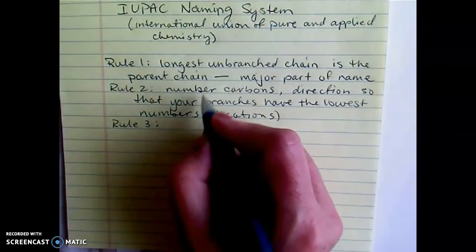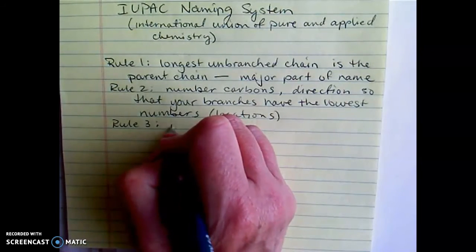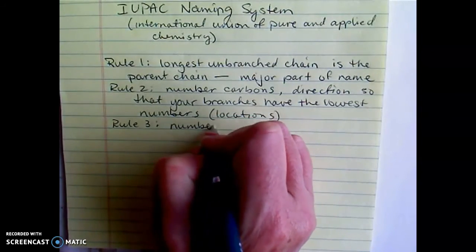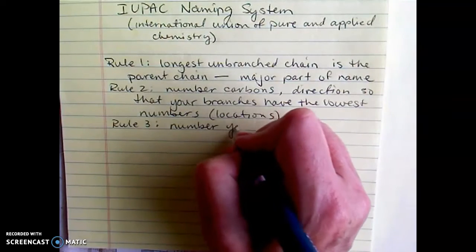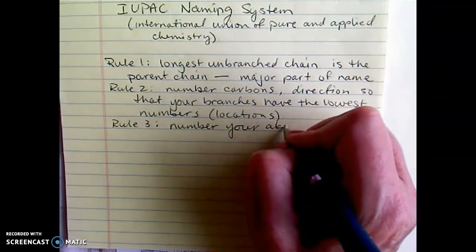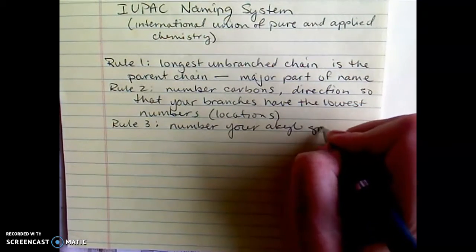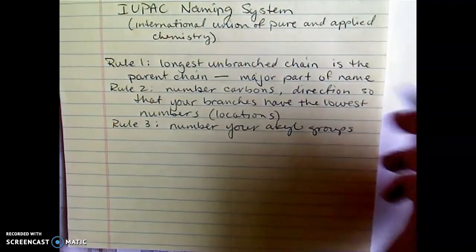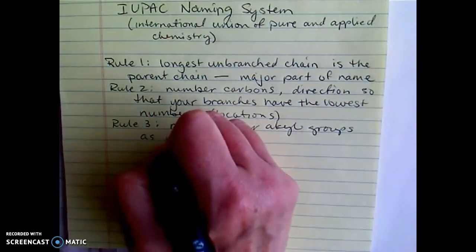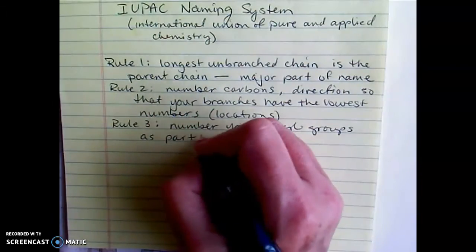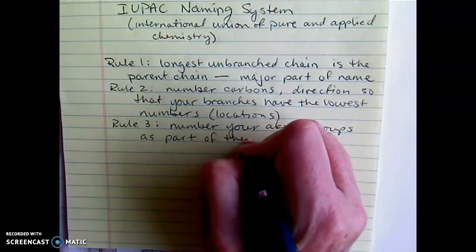So this is just a reflection of what we just said. Number your alkyl groups as part of their name. So we know where they're at, especially if we have more than one.